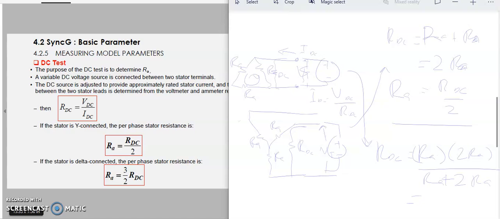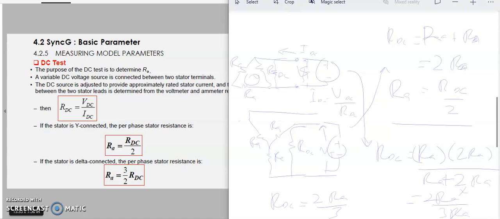So you will have 2RA squared divided by 3RA, and so cancel the RA. So RDC will become 2RA divided by 3.